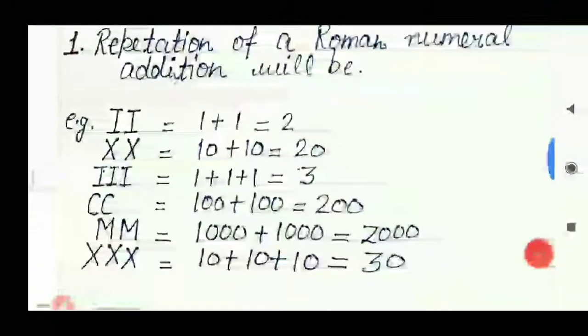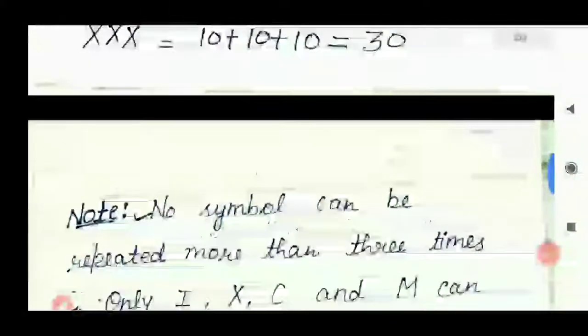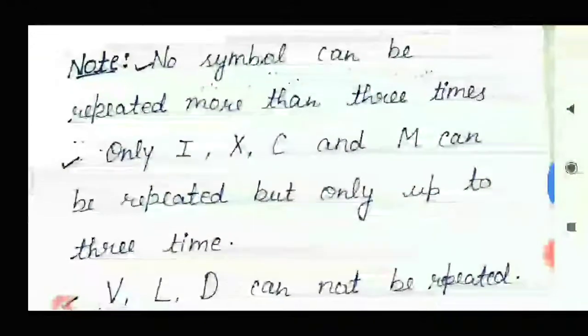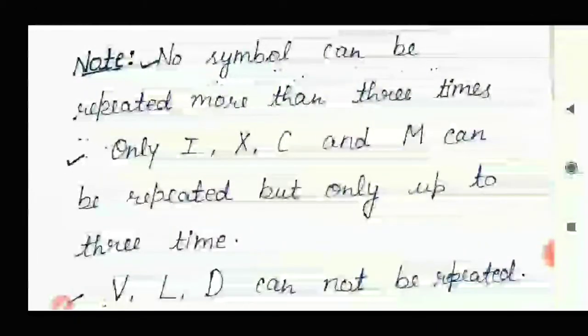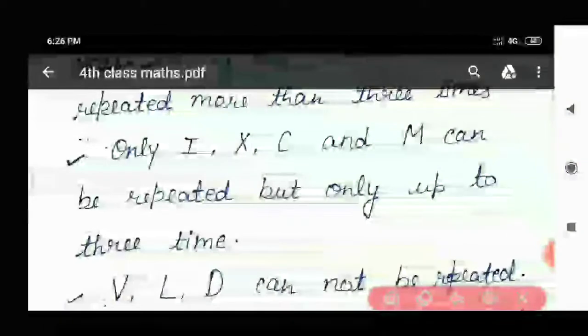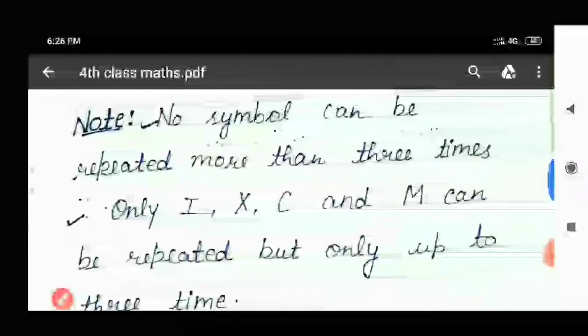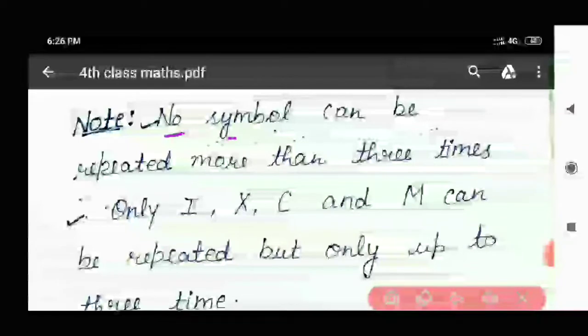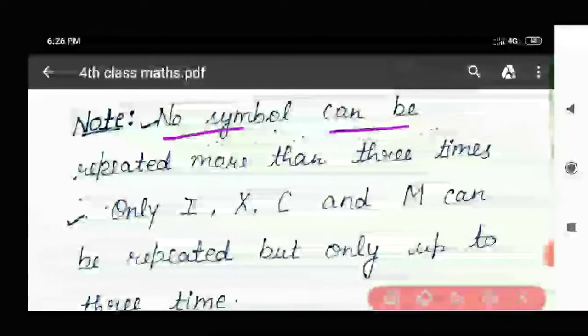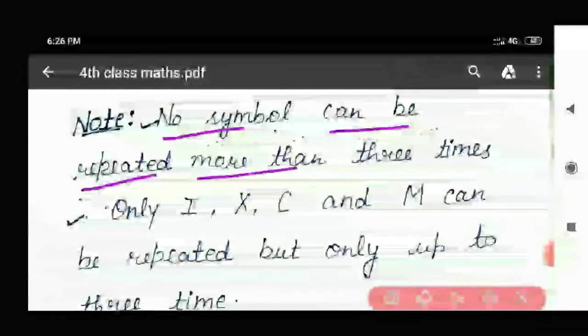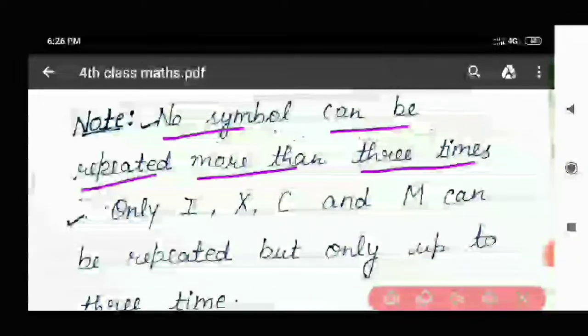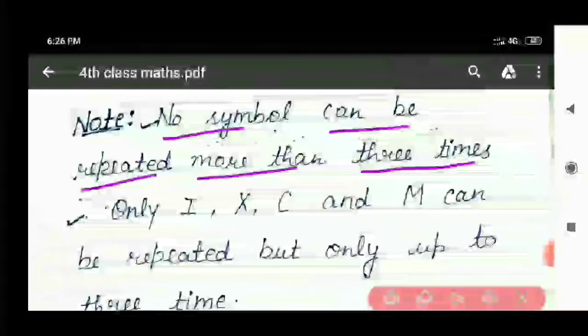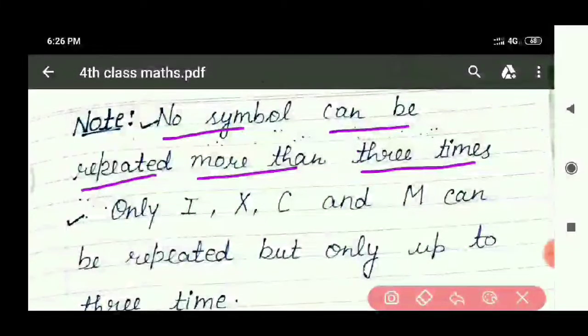But one more thing, before doing addition, we have to remember what is given here: no symbol can be repeated more than 3 times. We can repeat a Roman numeral only up to 3 times, not more than 3 times.